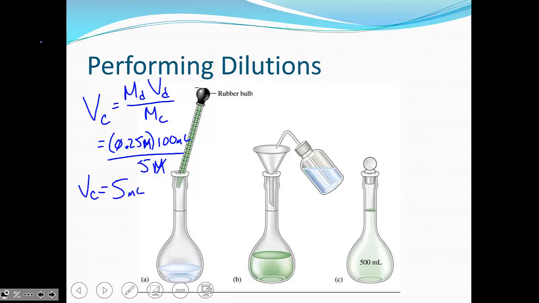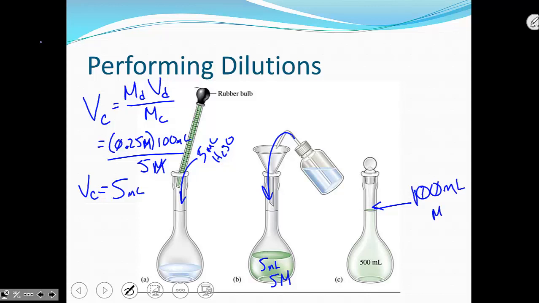So what this problem means is that I'm going to take 5 milliliters of my sulfuric acid and I'm going to drop it into my volumetric flask. I got 5 milliliters of 5 molar acid. And then I'm going to put water into it until I end up with a final volume of 100 milliliters, because that will reduce the molarity down to 0.25.